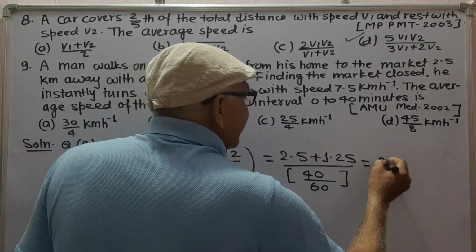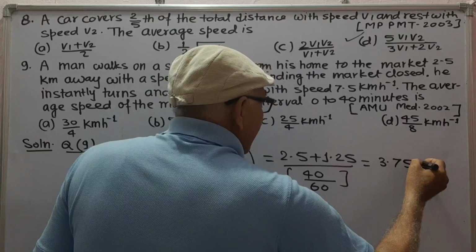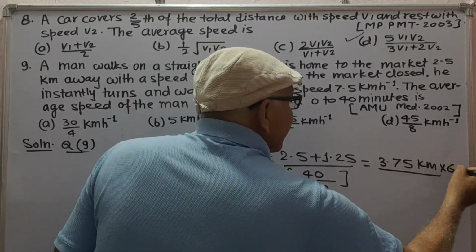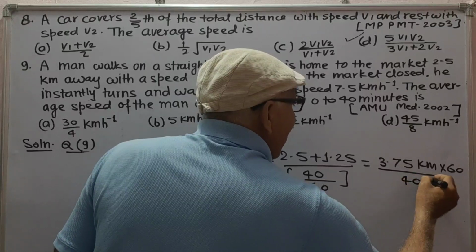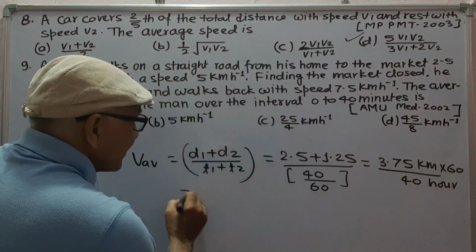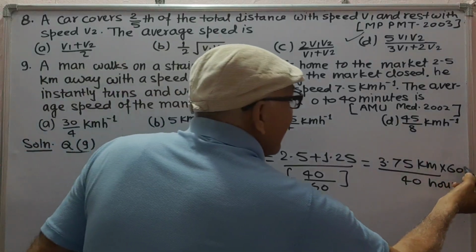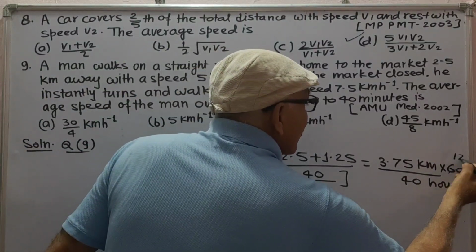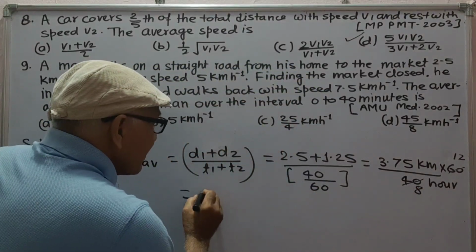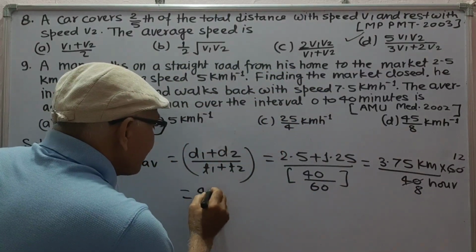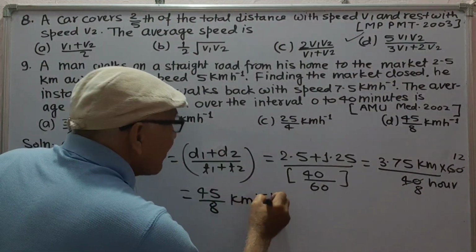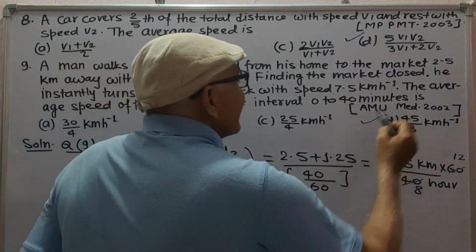This can be written as 3.75 kilometer into 60 upon 40 hour, which gives 45 upon 8 kilometer per hour. So the correct option is D.